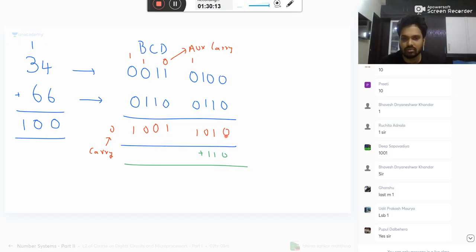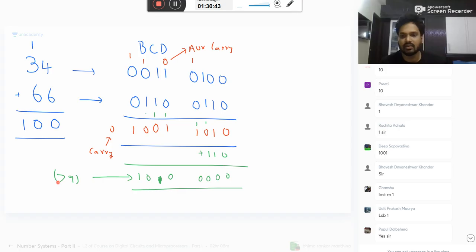Okay, 0. 1 plus 1 is sum 0, carry 1. You add this one here. Now 1 plus 1 is how much? So again you got this much. But this is also not right now. What is this?